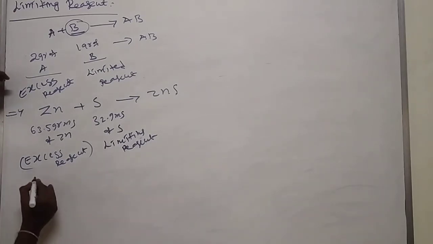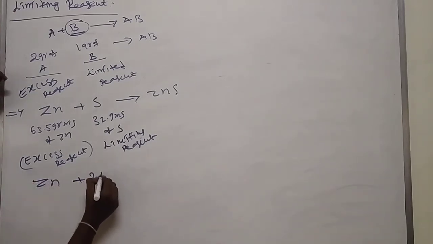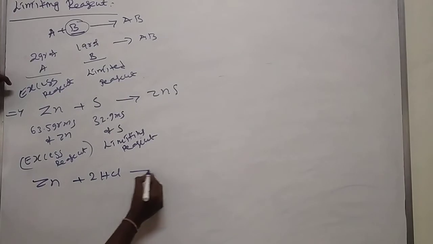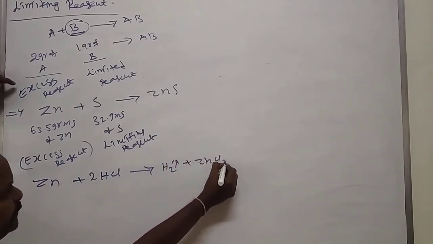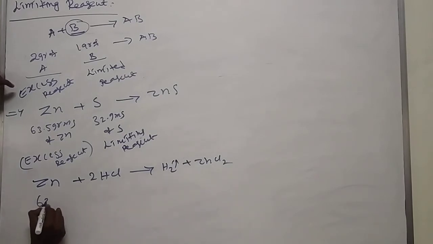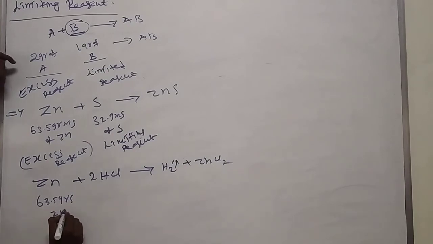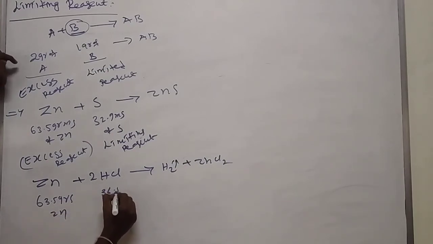Here also same. Zinc reacts with 2 moles of HCl, releases hydrogen gas and forms zinc chloride. 63.5 grams of zinc reacts with 36.5 grams of HCl.